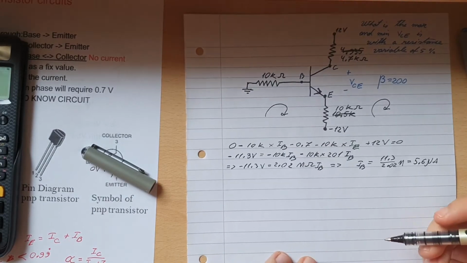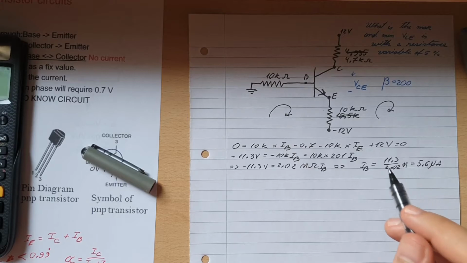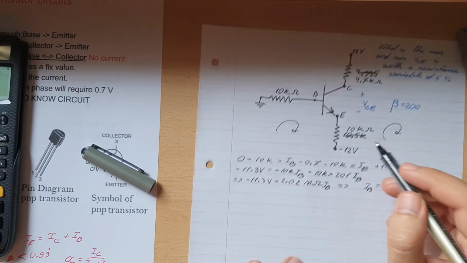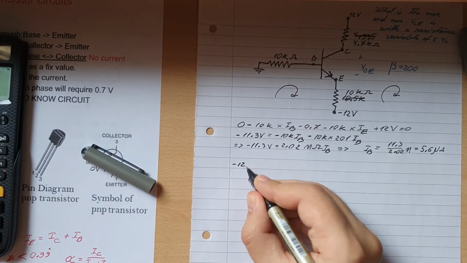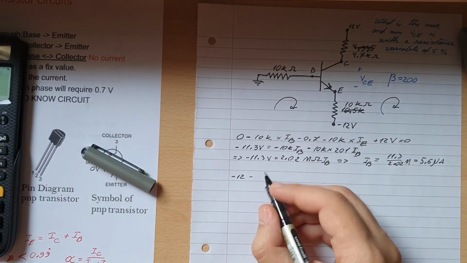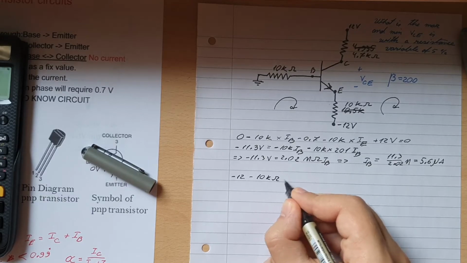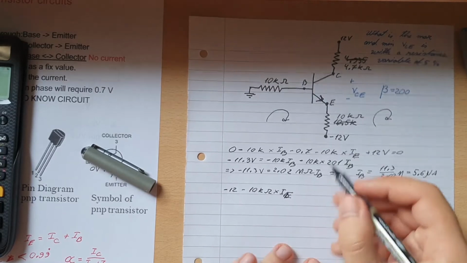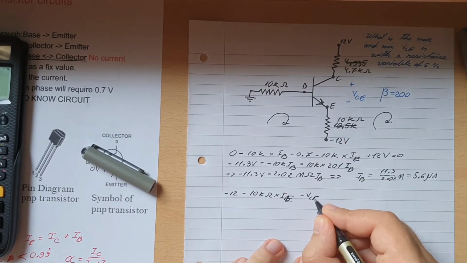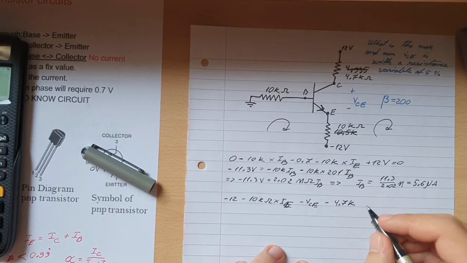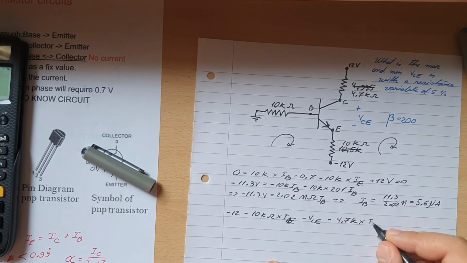It should be quite simple. We should do it like this. So then that will be minus 12, okay, minus the 10k ohms times IE, alright, minus VCE minus 4.7k times IC minus 12.